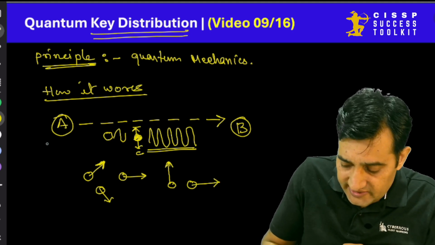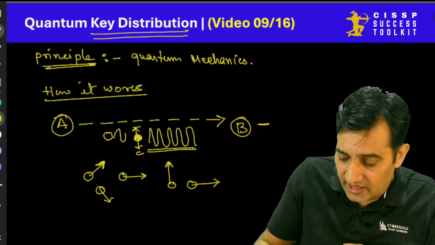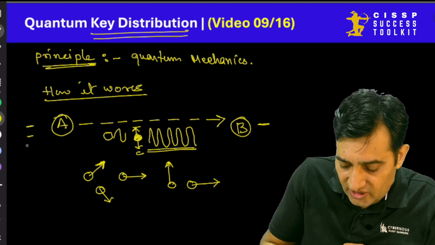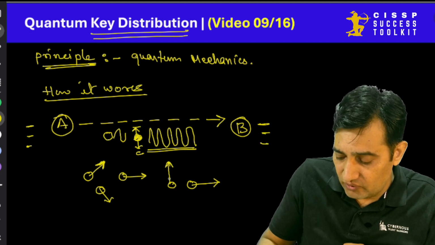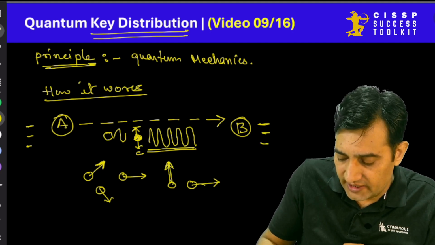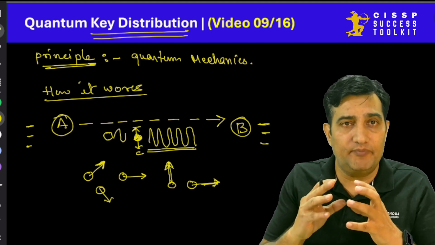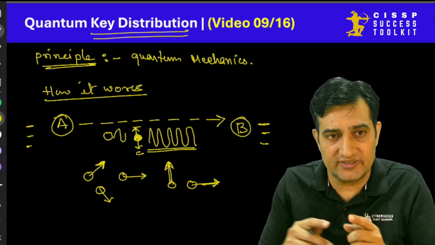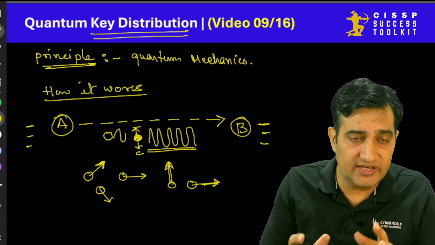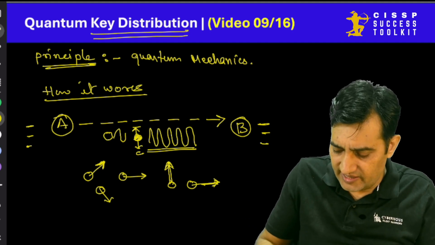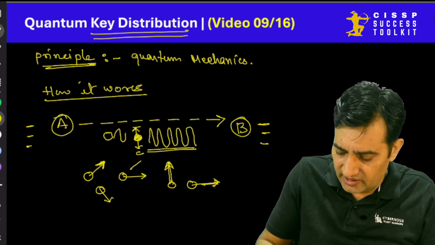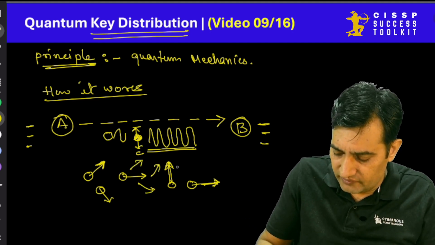When A sends a message to B, there is a pre-decided order, and we have to receive only these photons in a particular setting. They will send this data across with other photons as well, so there will be many other photons traveling.